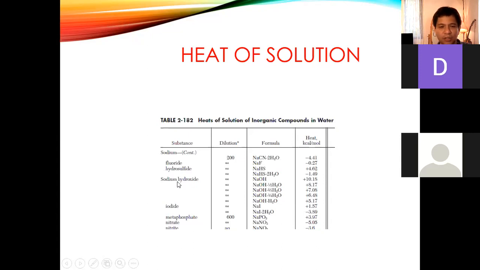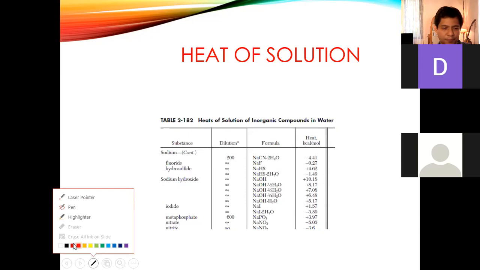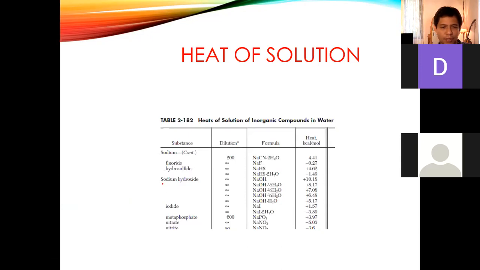So, anyway, trace na rin natin to. Kita nyo dito yung sodium hydroxide. On na ba yung pen ko? Yung sodium hydroxide, ang kanyang heat of solution ay positive. Imagine niyo pag ginamit natin yung convention, pag heat palabas, negative. So dapat ang sign dito negative.